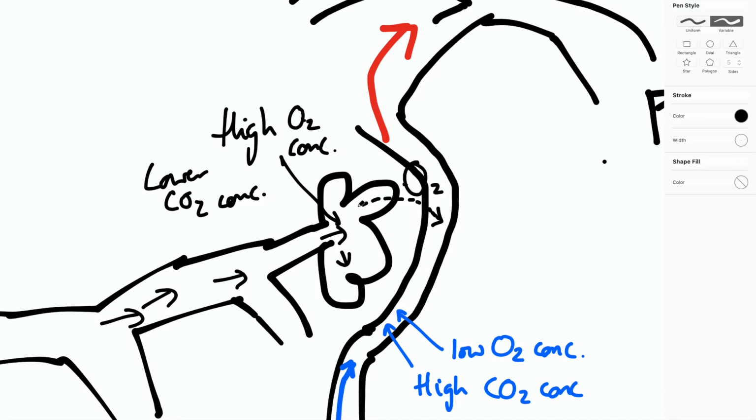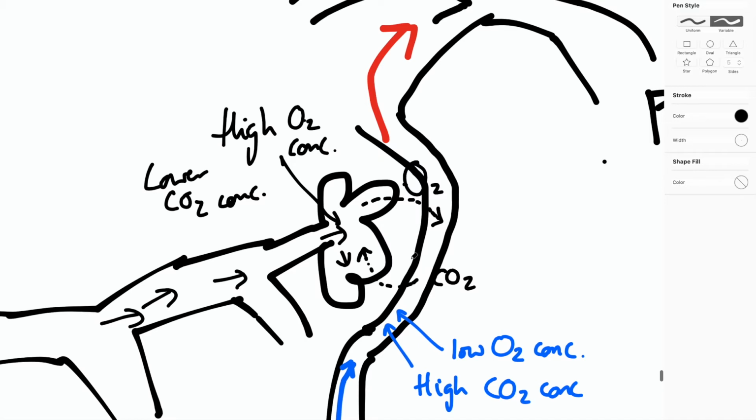The CO2 is higher in the capillary. Remember, it's deoxygenated blood. All that blood from the respiring tissues is now making its way to the lungs from the heart. So it's high in CO2, a product of respiration, and because of that, it will be diffusing into the alveolus from the capillary, and that is the main story.